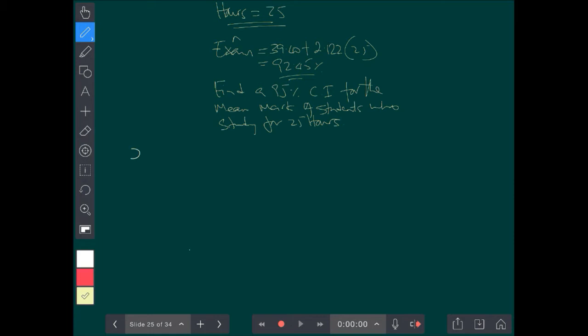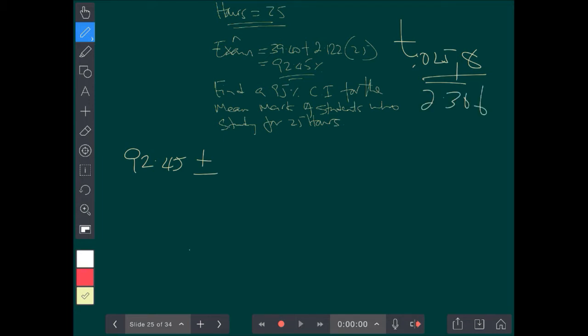We will have 92.45, that's our point estimate, plus or minus the t value, t alpha over 2 with degrees of freedom. Well, if we want a 95% confidence interval, alpha is 5%, alpha over 2 is 0.025, so that would actually give us t 0.025, we have 8 degrees of freedom. We already have this value, it is 2.306.